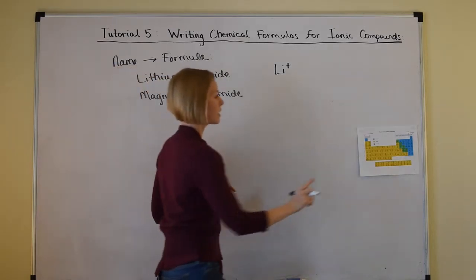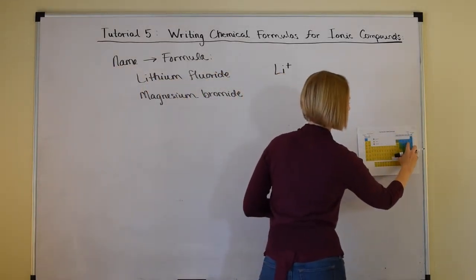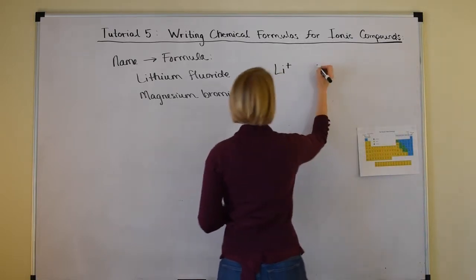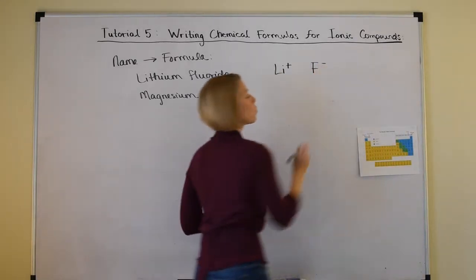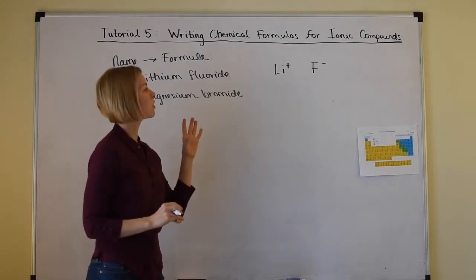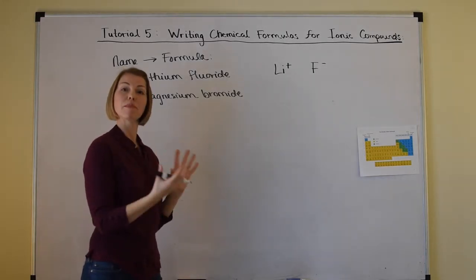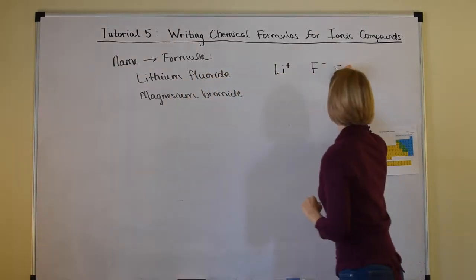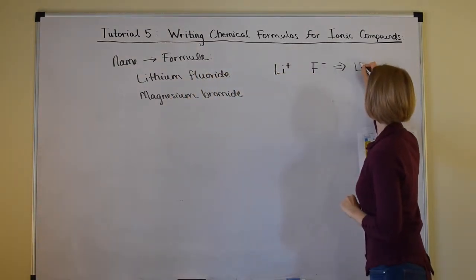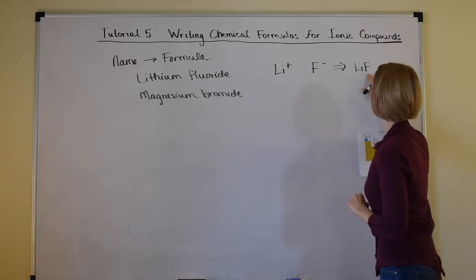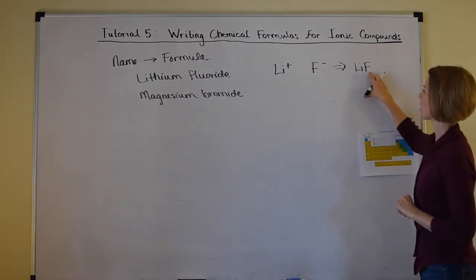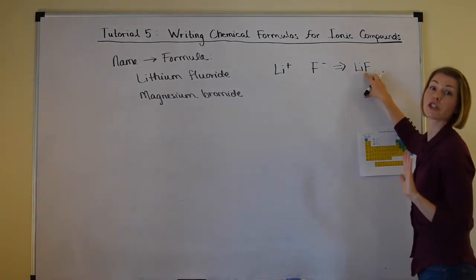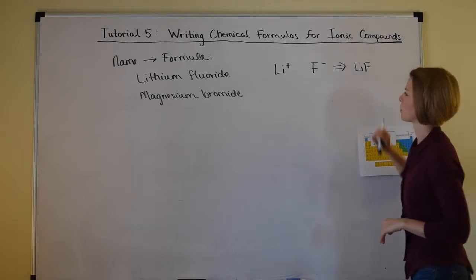The fluoride anion, fluorine is a halogen, so fluoride is going to have a 1- charge. Okay, so this one's pretty easy to see how they're going to balance out to 0. It's going to just take a 1-to-1 ratio. So we're going to write it as Li and F. You don't need to write the 1s here because it's just assumed. So you don't need to write a 1 between those.